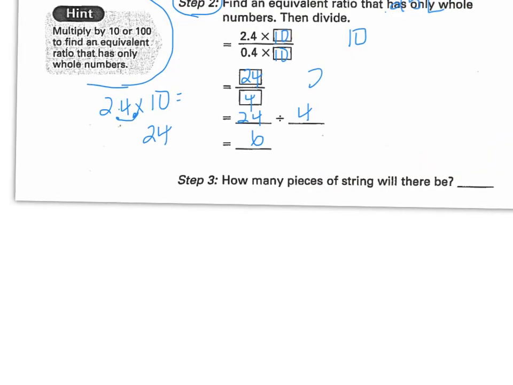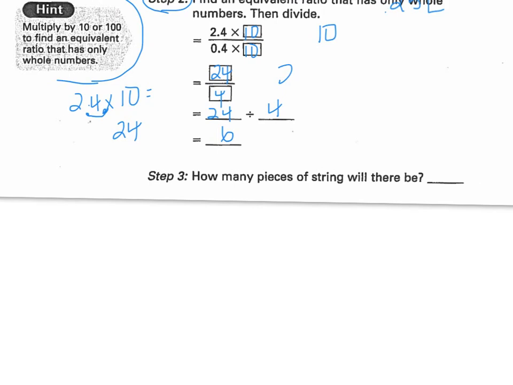So how many pieces of string will there be? There will be 6 equal pieces. I know that 0.4 goes into 2.4 6 times.